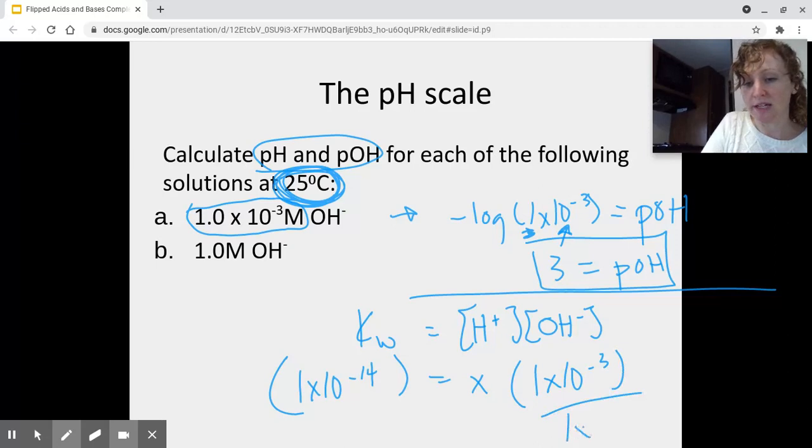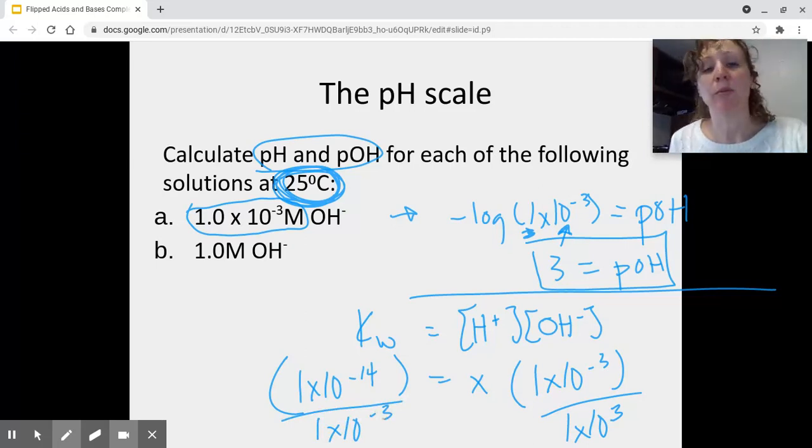Again, when you're dividing by an exponent, notice that our base numbers are 1, which is very nice of them. You can go 1 divided by 1, which is going to be 1. And then if you have times 10 to the negative 14 divided by times 10 to the negative 3, you're just going to subtract off your exponents, right?